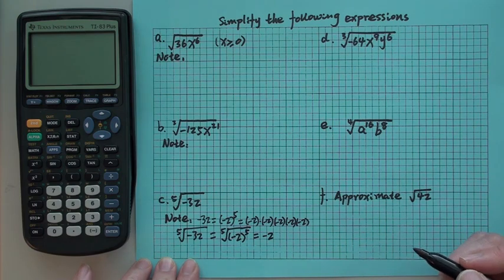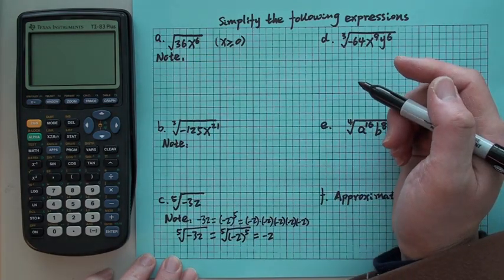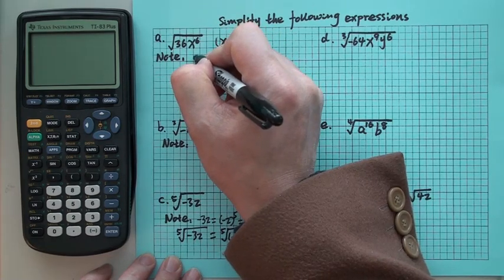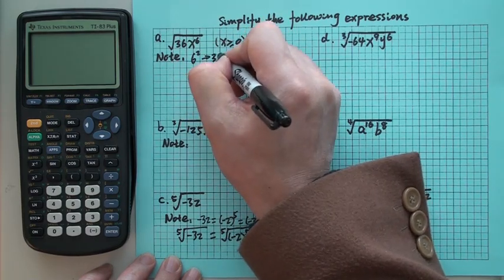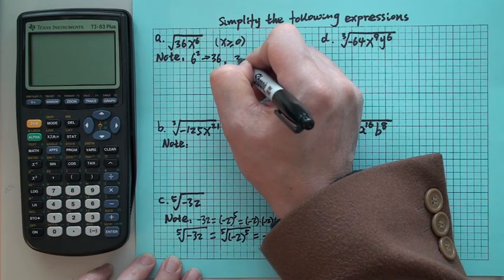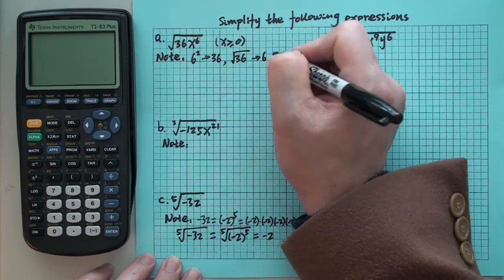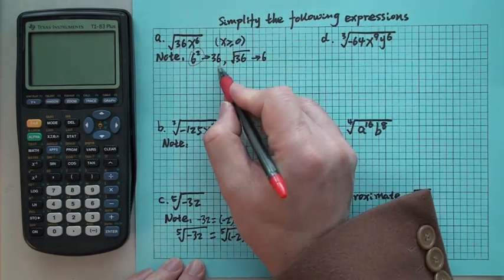Now let's look at the one down here. We note that 6 squared gives you 36. Of course, 36, you square root it, you then go to 6. So 6 squared equals 36.